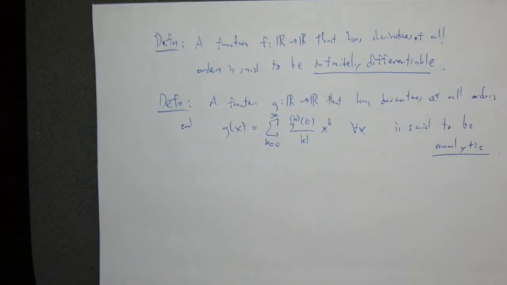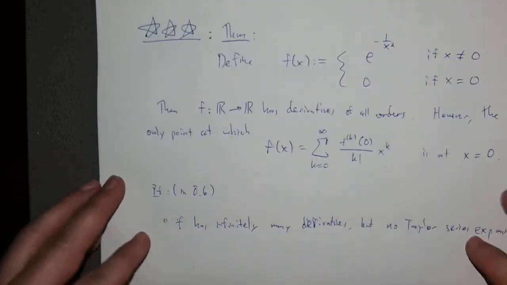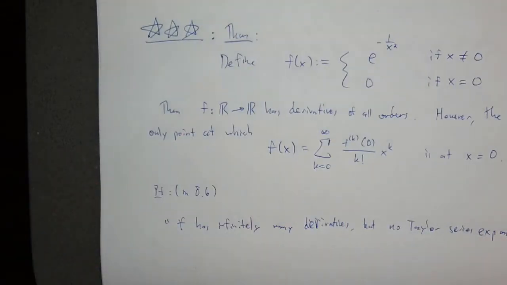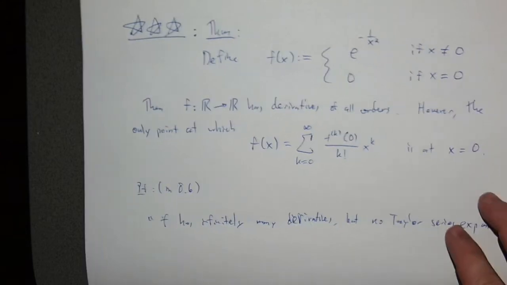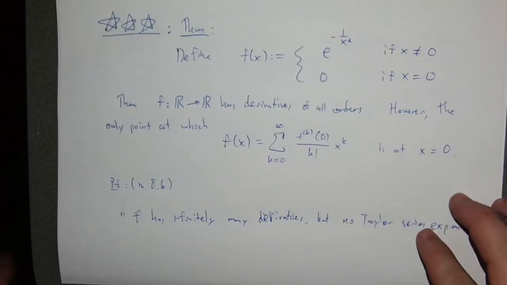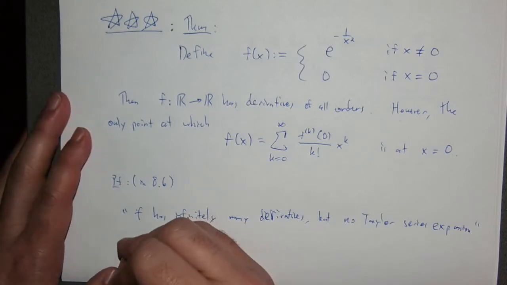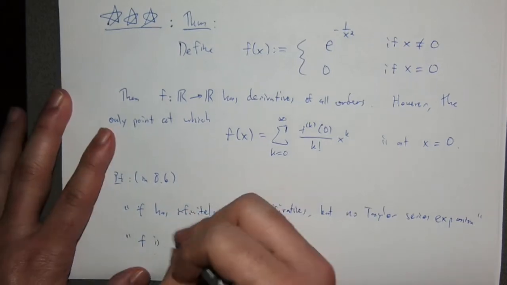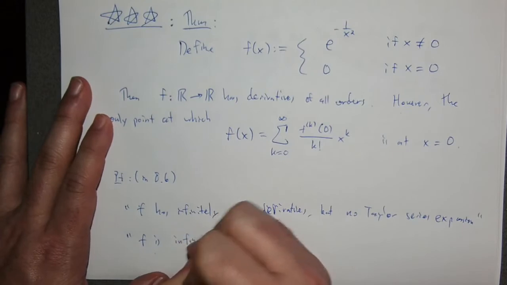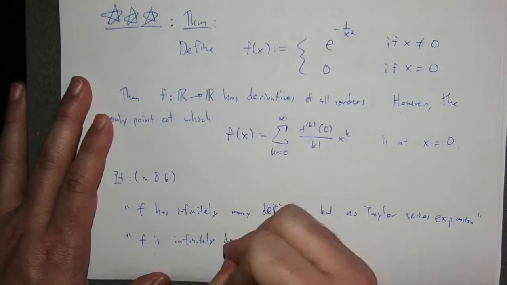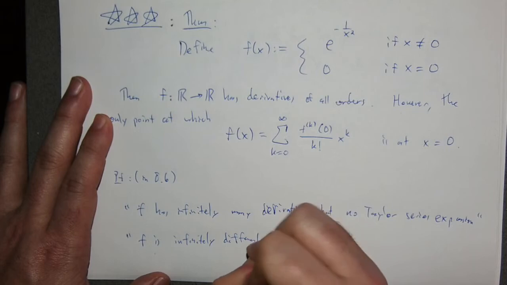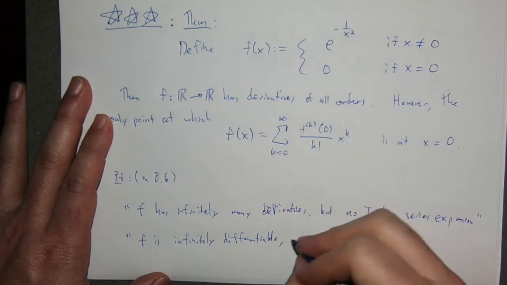Let's go back to this thing that I've written here, this ultimate example. What is this ultimate example saying using these new words? F is infinitely differentiable but not analytic.